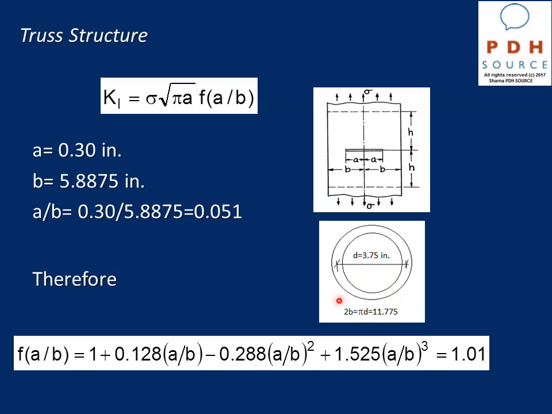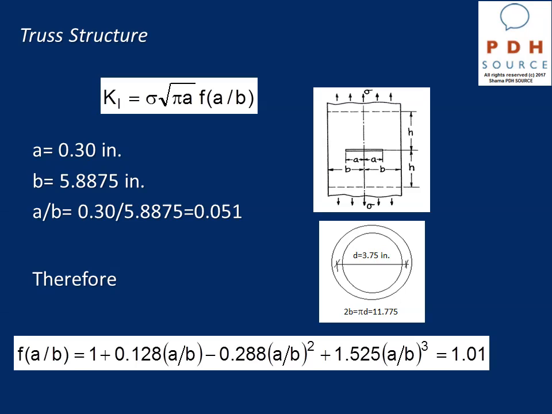So the width of the plate, 2b, is basically equal to pi d, where d is 3.75 inches from center to center. Why? Because it is mentioned that the outside diameter is 4 inches and the wall thickness is 0.25, so the diameter is 3.75.